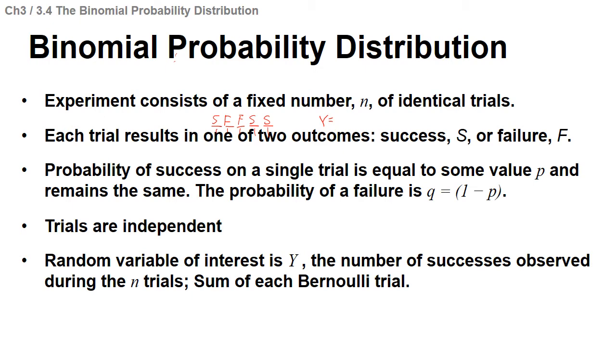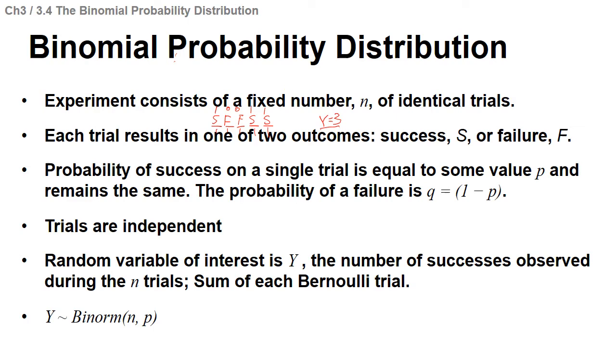So in a Bernoulli trial, it is 1 for success: 1, 0, 0, 1, 1, and the random variable y is the sum, the number of successes, and here this time it is 3. The binomial probability distribution is the distribution for this random variable. And we say y follows binom(n, p).